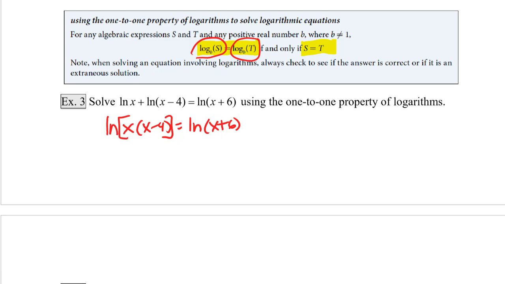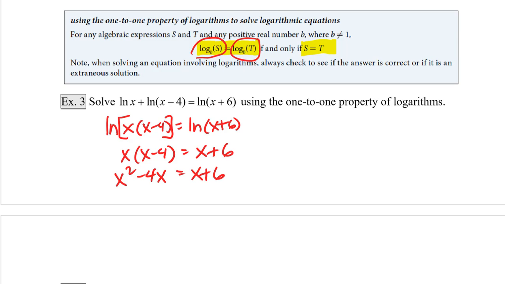Now that I have a single log with the same base on both sides, I can drop the logs, and I have x times x minus 4 is equal to x plus 6. So I'll distribute and I get x squared minus 4x is equal to x plus 6.